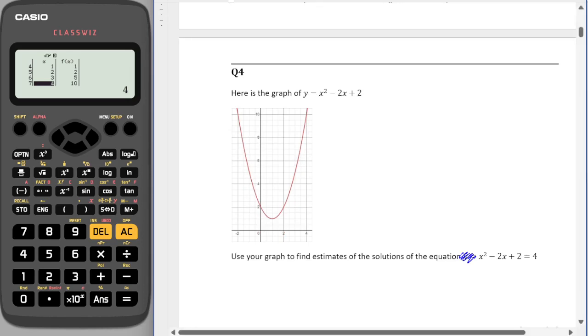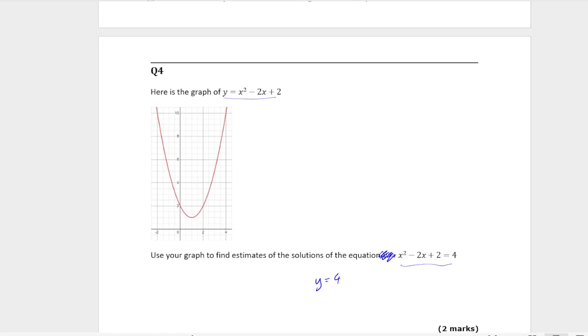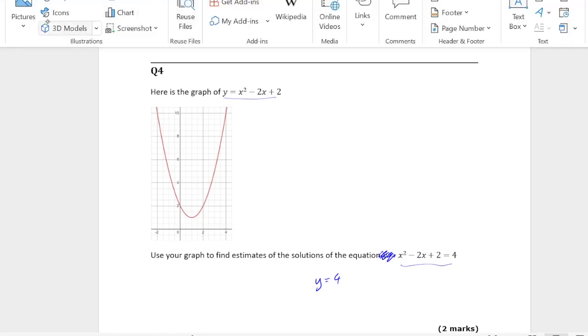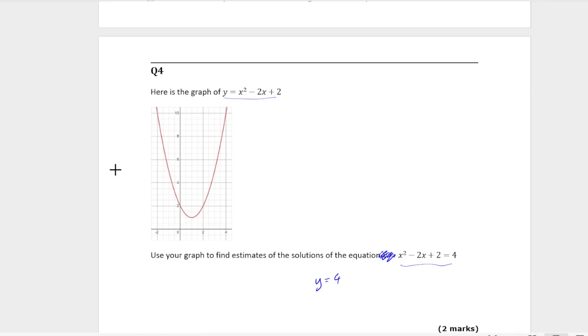Okay, so in effect, if I compare the equation to what I'm trying to solve, what I'm looking for is y being equal to 4. So if I find the point where y is equal to 4, let's see if I can do this and make it look neat. So if I insert a shape, I want to insert a line at y is equal to 4.